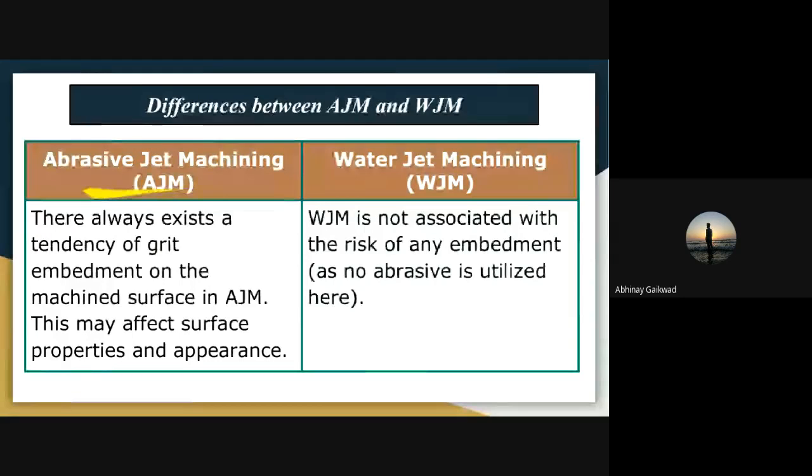In case of abrasive jet machining, there always exists a tendency of grit embedment. Grit means small particles, or grain sized particles. Embedment means that grit or small grain size particles will stick on the machined surface in AJM. Due to that, this may affect the surface property as well as the appearance of the finished surface.